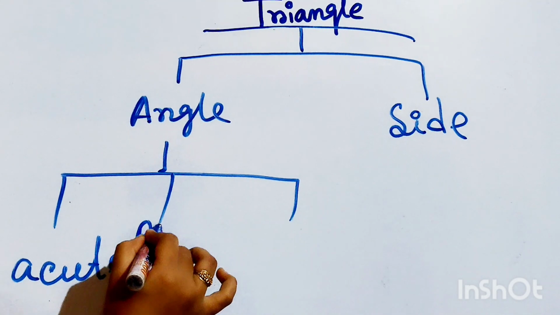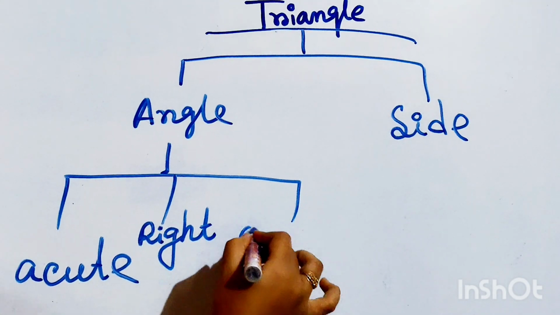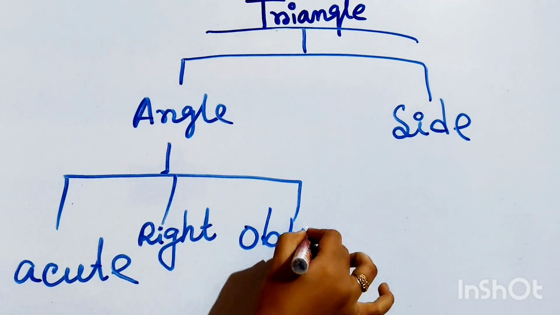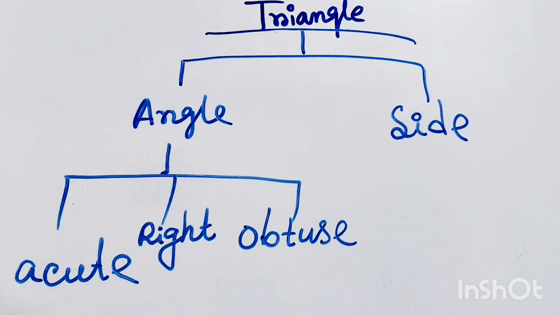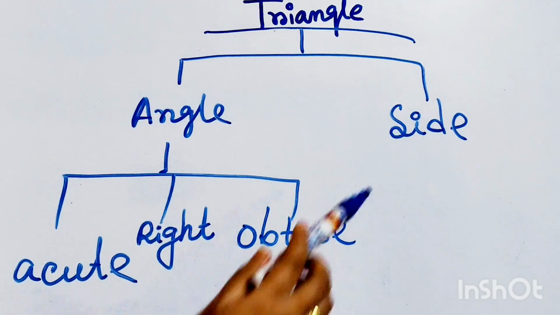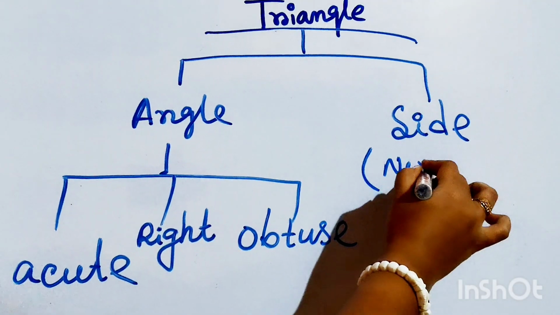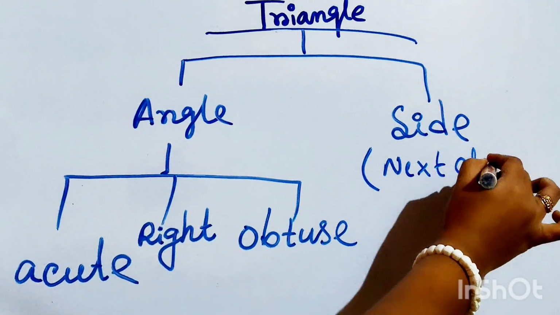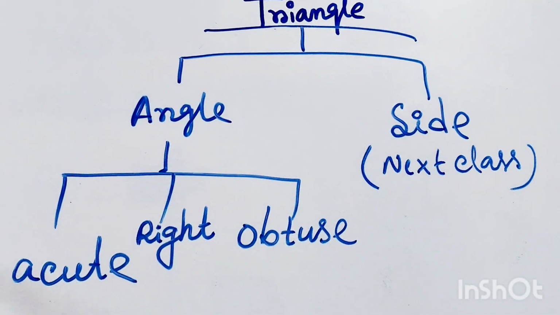Angle-wise, triangles can be classified into three categories: first is acute angle triangle, second is right angle triangle, third is obtuse angle triangle. One by one I will discuss the definition, the criteria, the properties and the diagram, and the side wise I will discuss in the next class.